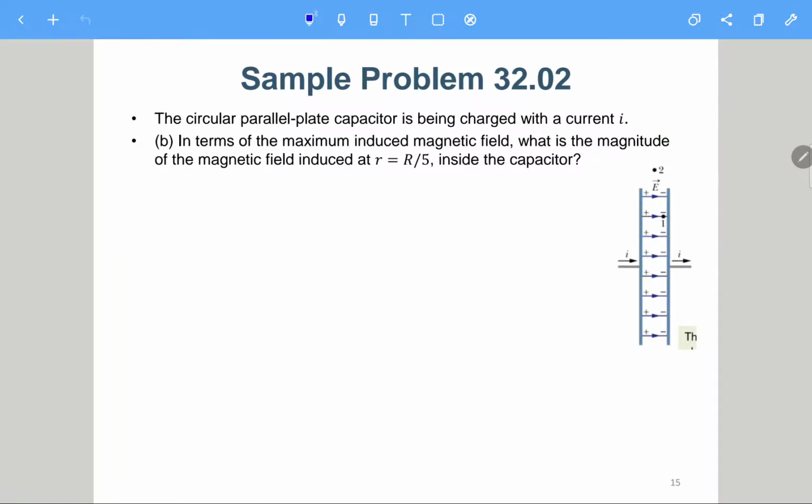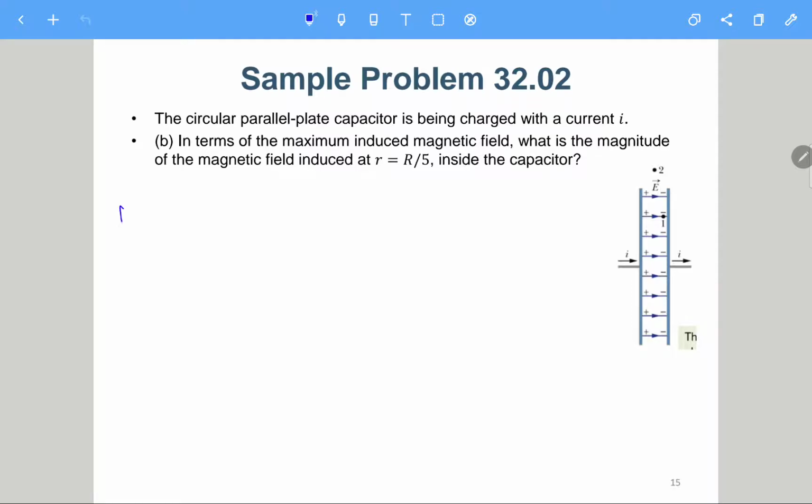Okay, so for part B, in terms of the maximum induced magnetic field, what is the magnitude of the magnetic field induced at small r inside the capacitor?